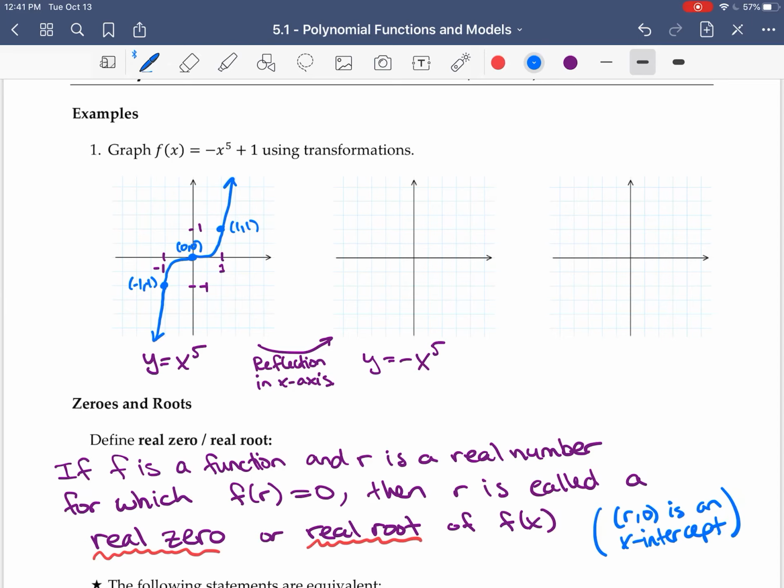When I reflect in the x-axis, 0, 0 is going to stay, but 1, 1 is going to become 1, negative 1, and negative 1, negative 1 is going to be negative 1, 1. And then the graph is just flipped. It's going to look something like that.